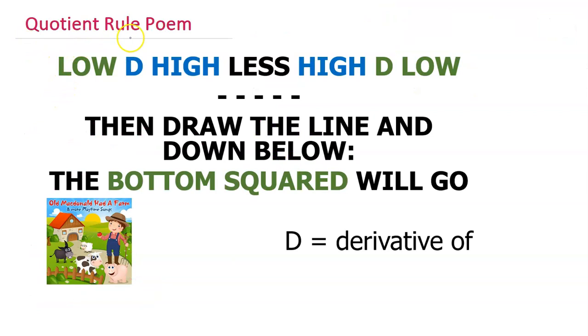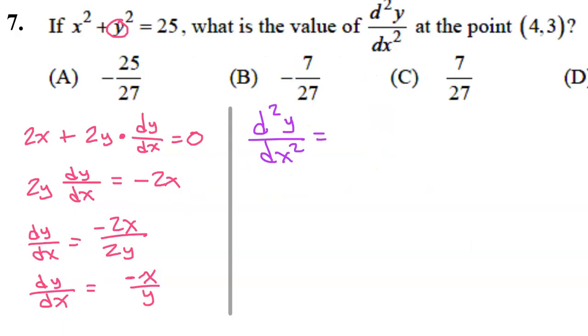Just in case you don't know the quotient rule poem, here it is. And where I say d, I mean the derivative of something. So it goes low d high, less high d low. Draw the line, and down below, the bottom squared will go. When I say low d high, low is the y value, and d high is the derivative of the numerator, which will simply be -1.